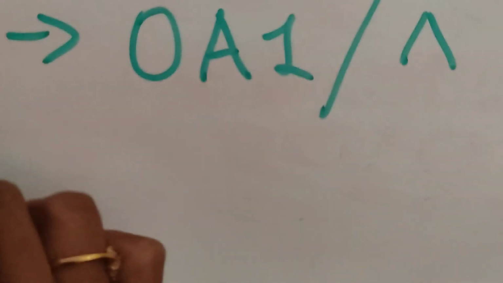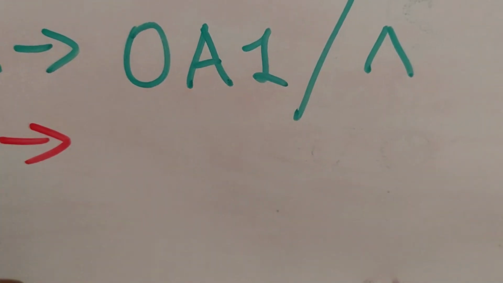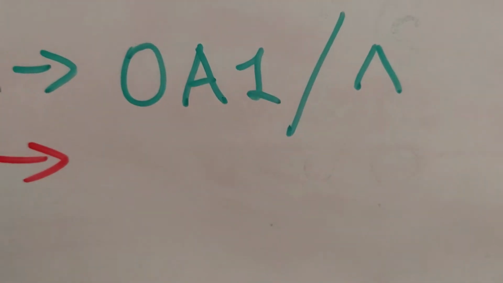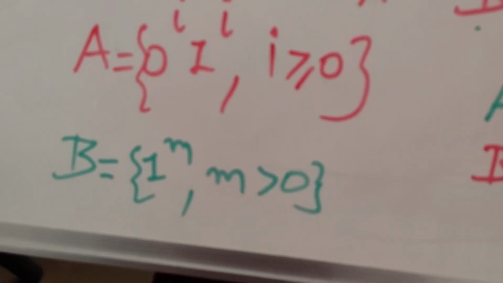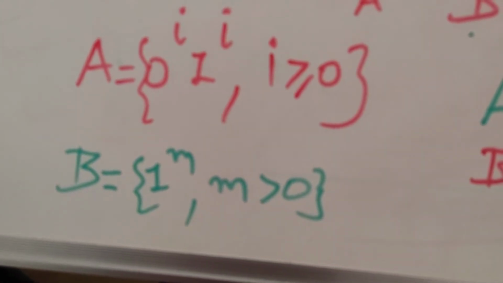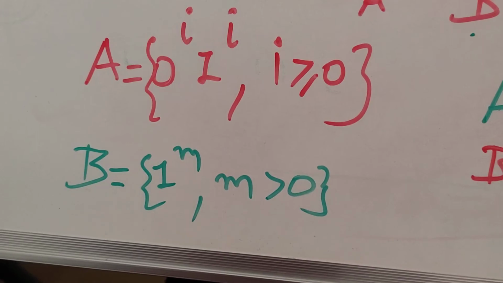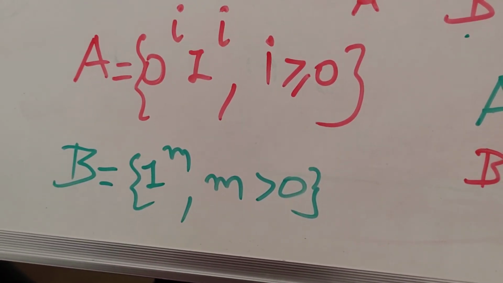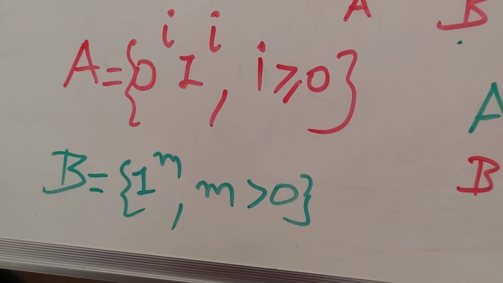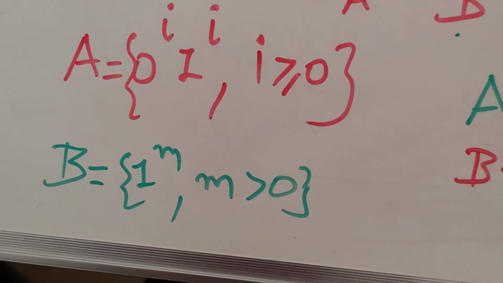From B we'll have to take 1 raised to m, where m is greater than 0. So we can say m is greater than or equal to 1. So 1 will occur at least one time.